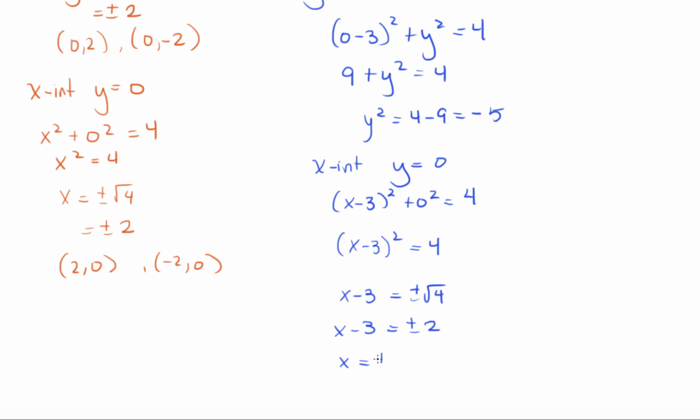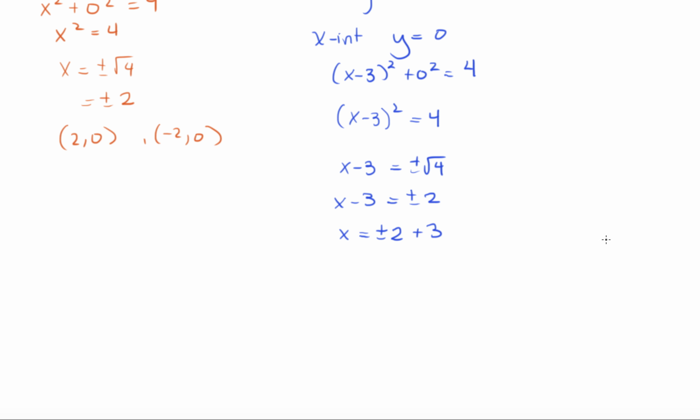We have plus or minus 2 plus 3. So you're left with x equals 2 plus 3 or negative 2 plus 3, which is 5 or 1. Therefore, the coordinates are 5, 0 and 1, 0. Those are your x-intercepts for that circle.